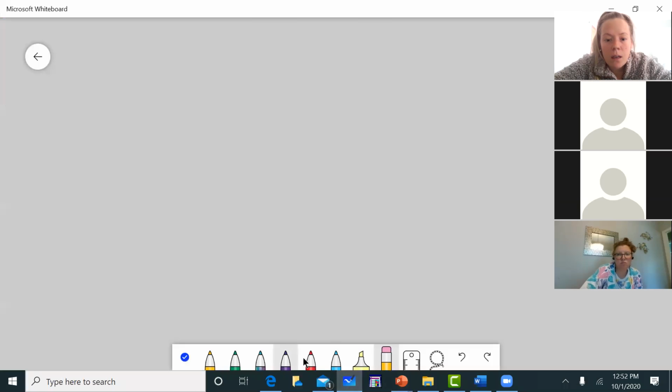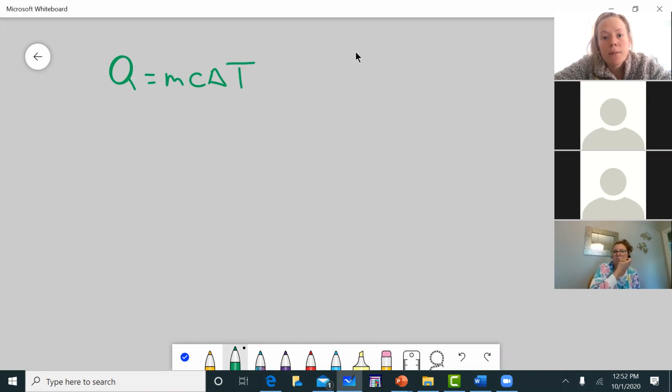So we've got Q equals MCΔT. Sometimes Q is lowercase, sometimes it's uppercase. You see it in different ways. Q equals MC delta T. For isolating variables, you can make a triangle like this, and we're going to divide it into 4 sections.